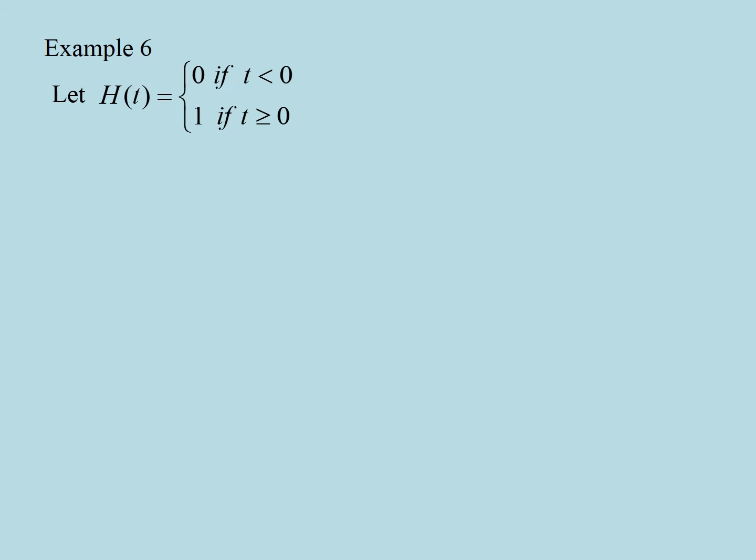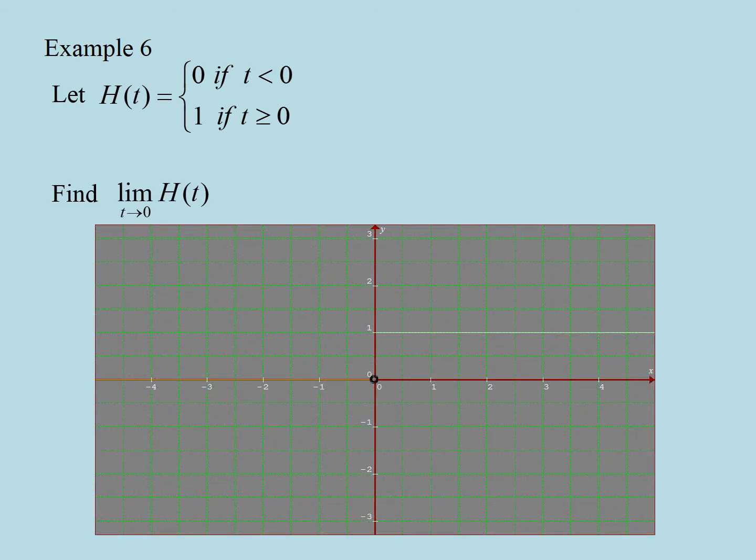The last example is called the Heaviside function. Let's graph this one. We're trying to find the limit of H of t as t approaches 0. Now here's the graph. You can't see it very well, but it's along this line here. Now it is defined here and not down here. As t approaches 0 from the right, what's happening with the y values?